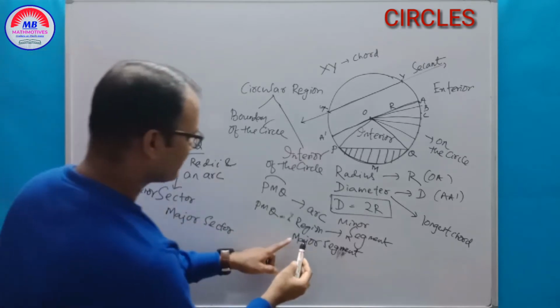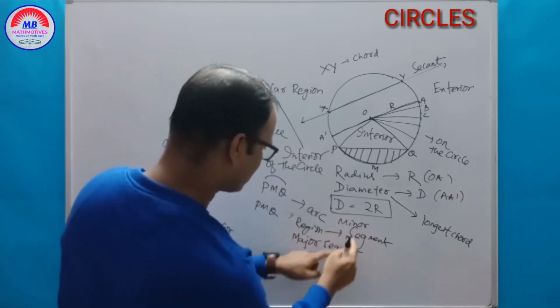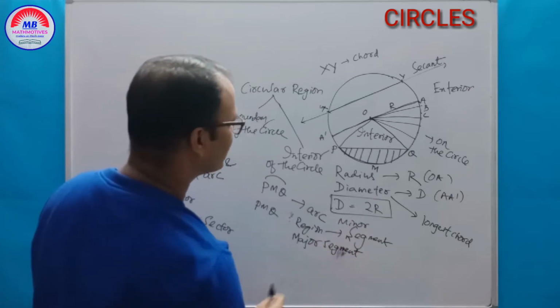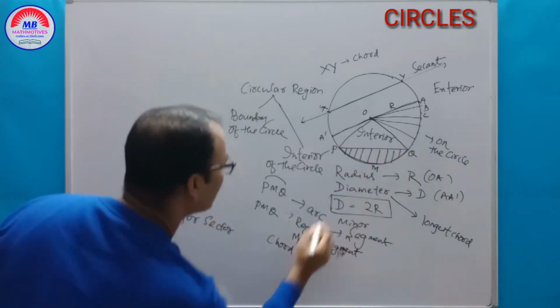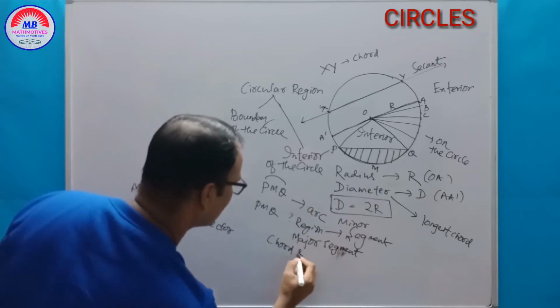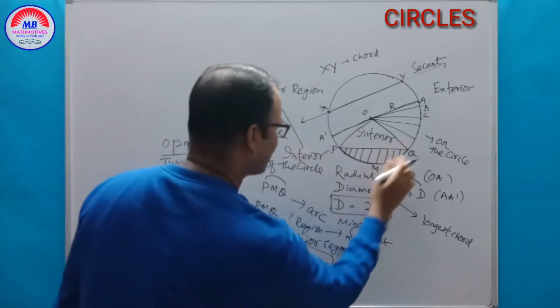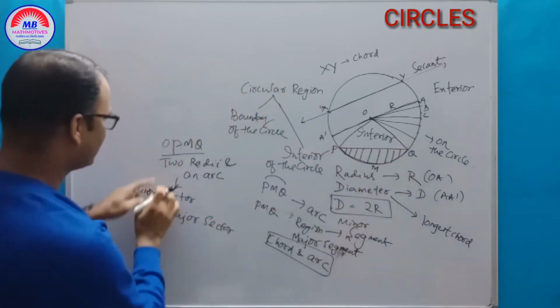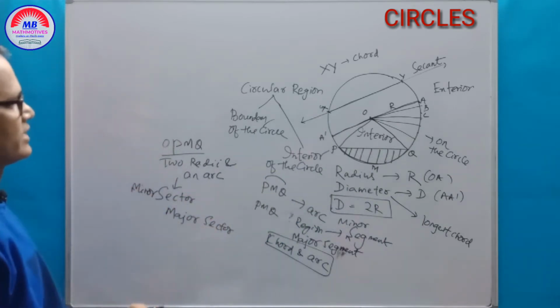You see here, first is arc, minor segment, major segment. In a minor segment there is only a chord and an arc. This chord and arc will form a segment, but here 2 radii and an arc will form a sector.